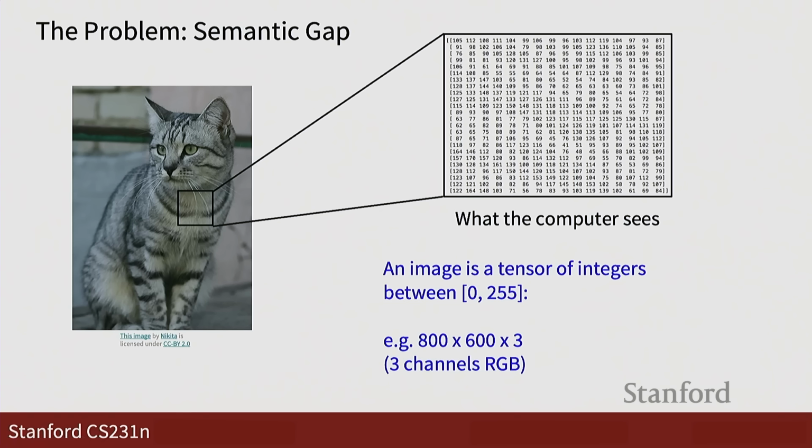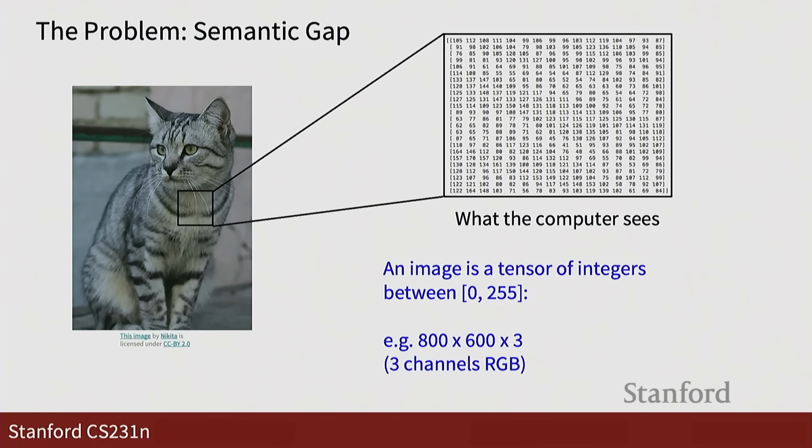Images are often defined by matrices of data, or more generally, tensors of data. Often each of the pixel values is between 0 and 255, which is an 8-bit data structure.